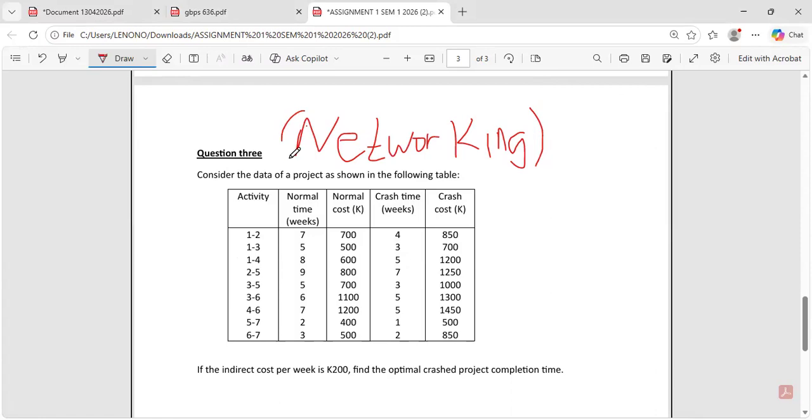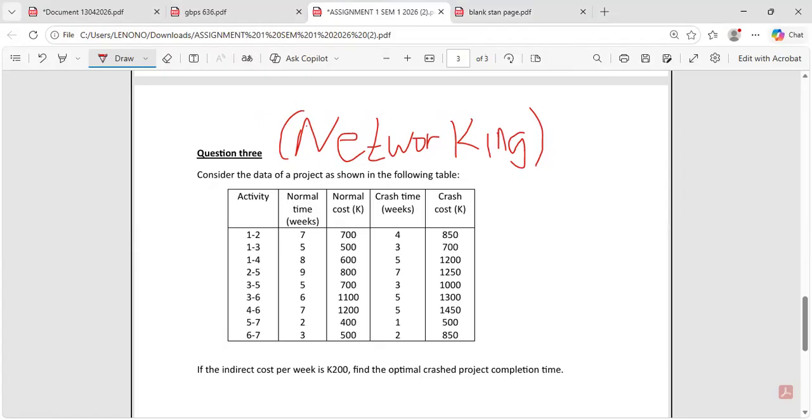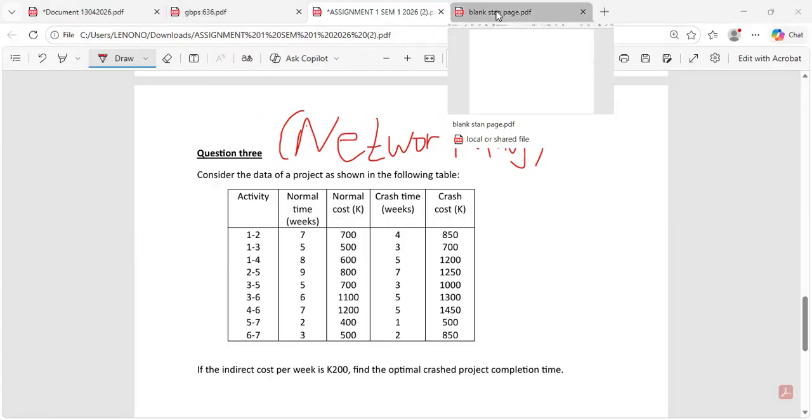Network crashing looks at the duration it will take. It will look at the duration that the project will take to complete, how long the project would take to complete.